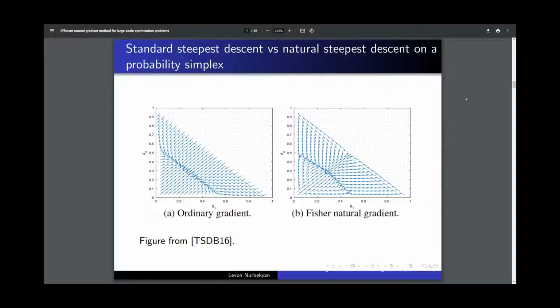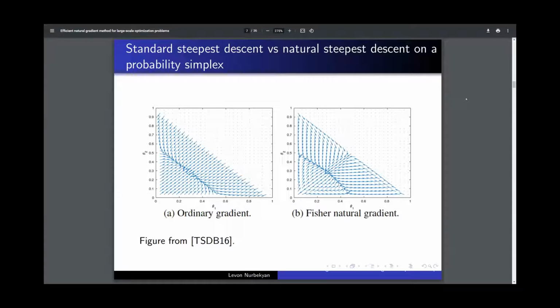And so why is that interesting? Well, here is an example from a paper, and I'll show you some examples that we did actually. So here we are on a probability simplex. We have three variables, but we can reduce one of them. You see that on the left side, you have the ordinary gradient, the usual gradient descent directions, and some of these vectors are not even pointing to the global minimum, and they're kind of parallel in this case.